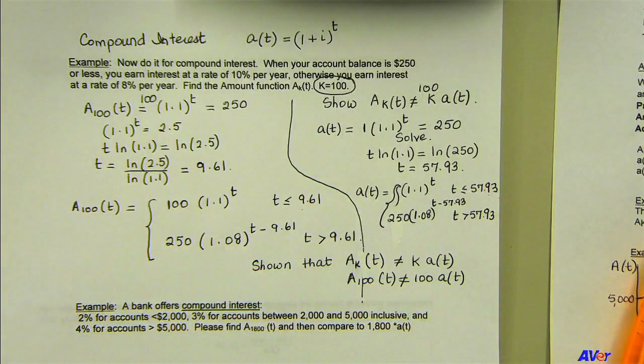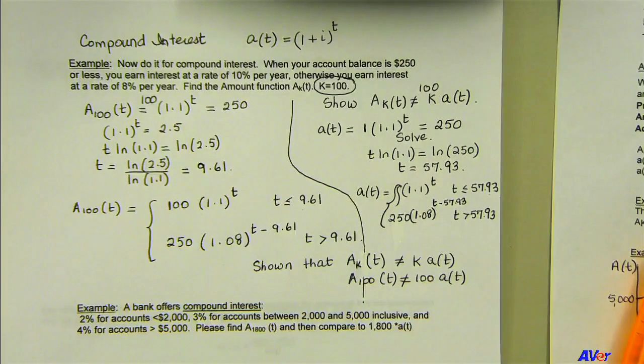So I needed to explain that from the consumer's point of view, why would you leave your $250 in there when they're giving you interest only on $100, and that too at a lower interest rate of 8% rather than 10%? Here, completely different story. It doesn't matter. You don't have to pull out your money and reinvest it in order to keep having it grow.